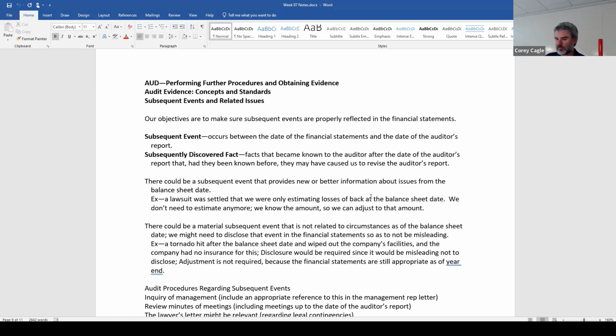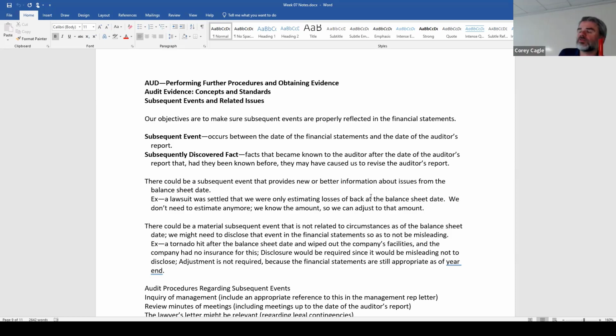So they're responsible for evaluating any subsequent events up until that date of issue. There's even a section in the management rep letter that we talked about last week about whether any events occurred during the subsequent period that requires them to go back and adjust the financial statements, or that requires them to go back and disclose something, or both, right?